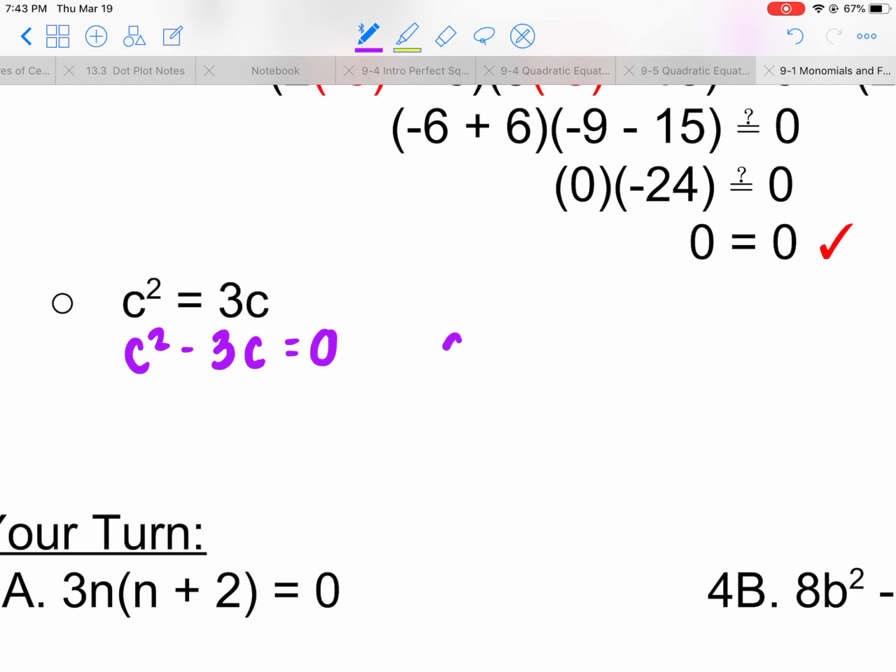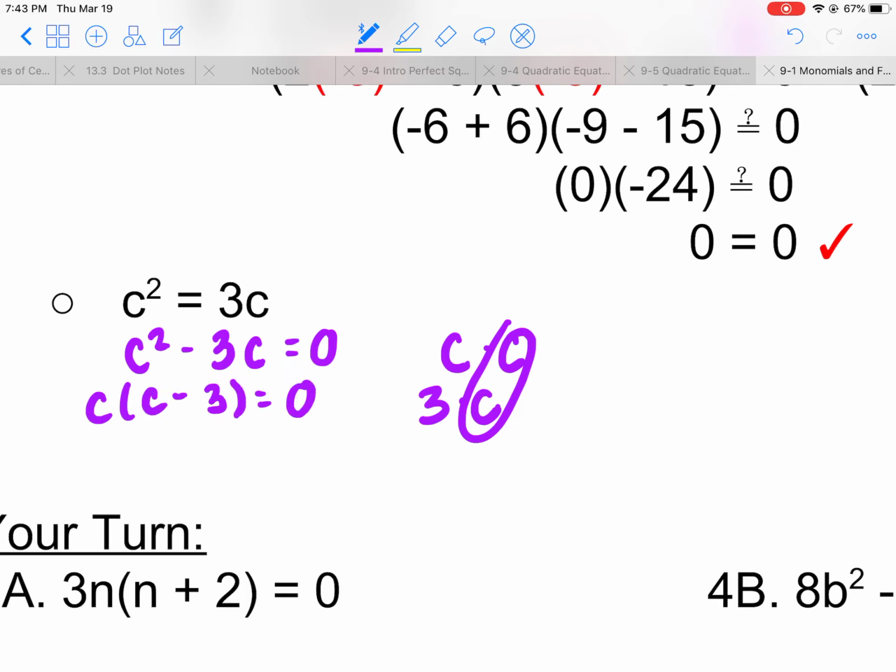So I got c times c, and then 3 times c. C is my GCF, so it's going to be c times, I'm left with c minus 3, is equal to 0. So c can either equal 0 or c minus 3 equals 0, so c is equal to positive 3.